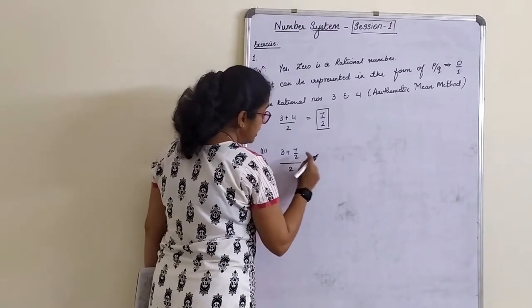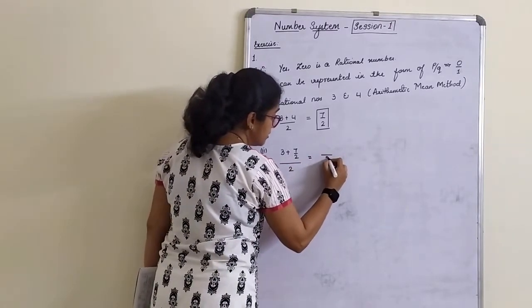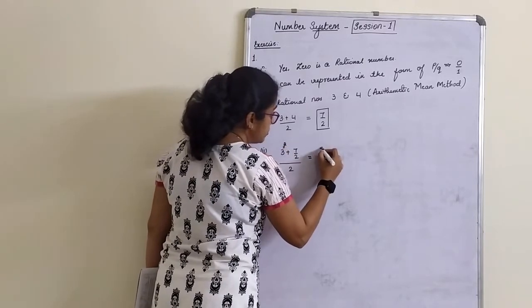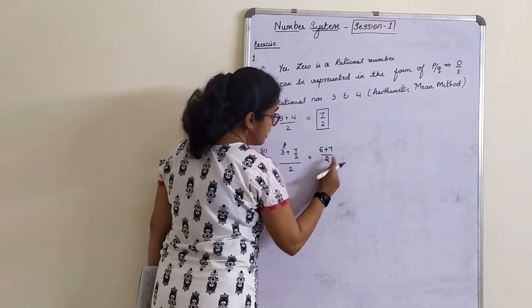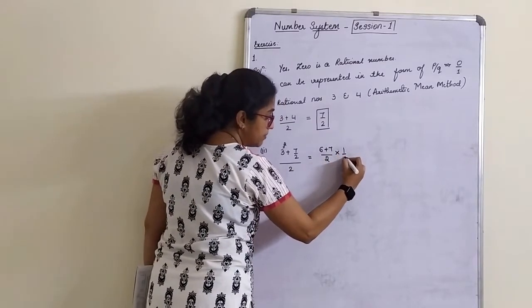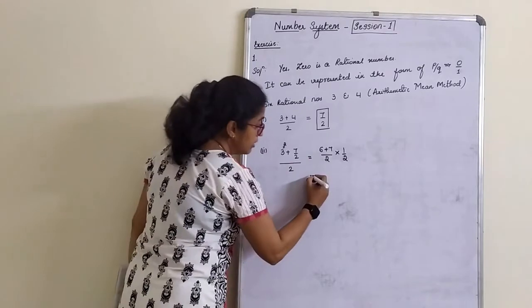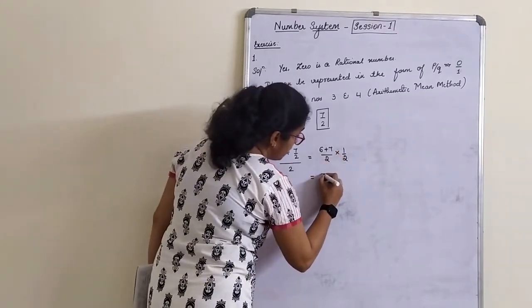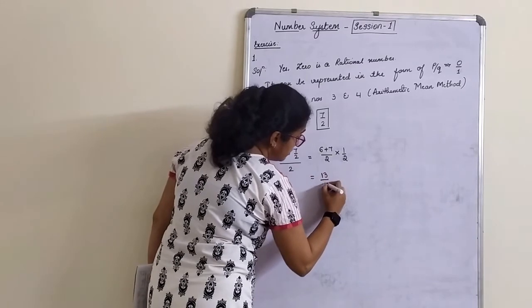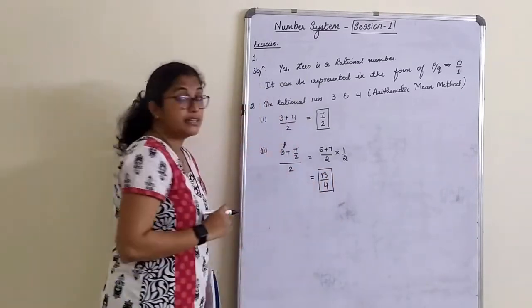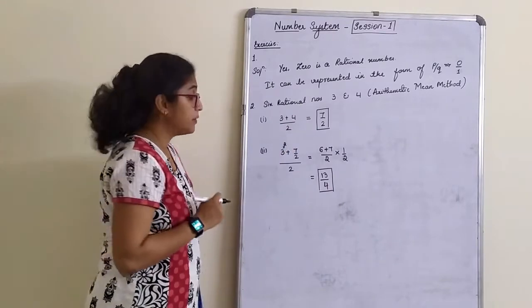So the LCM of this is 2 into 2. 3 2s are 6 plus 7 by 2. This 2 is there, right? Reciprocal will become 1 by 2, right? So what is the number? 6 plus 7, 13 by 2 into 2 is 4. 13 by 4 is the next number.